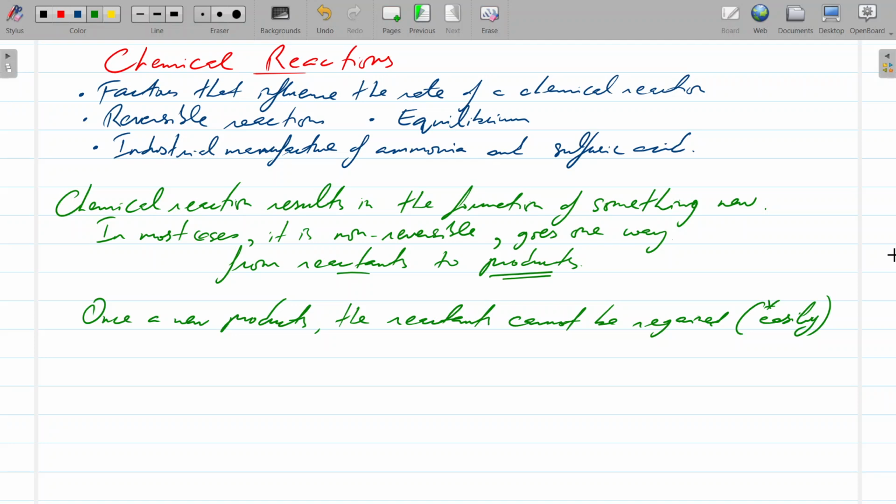So for example, how difficult would it be? Let's say you reacted NaOH and HCl, and you got NaCl and H2O.